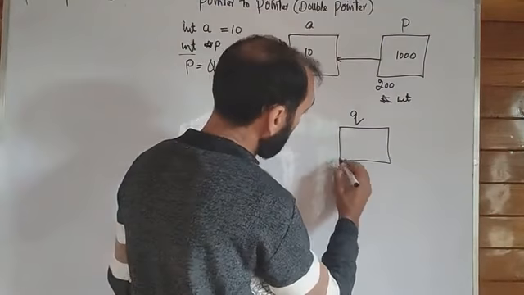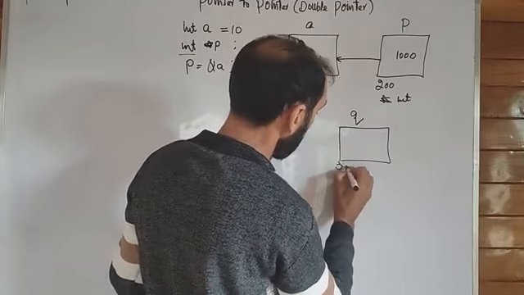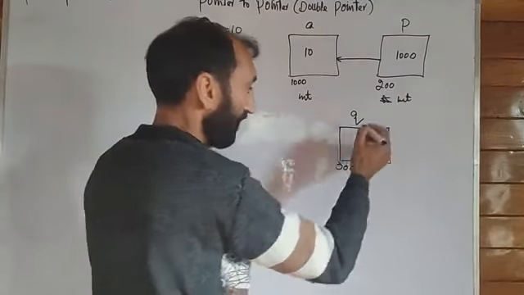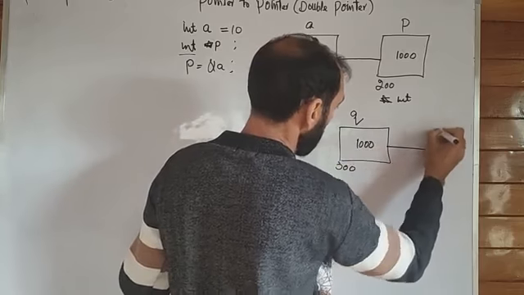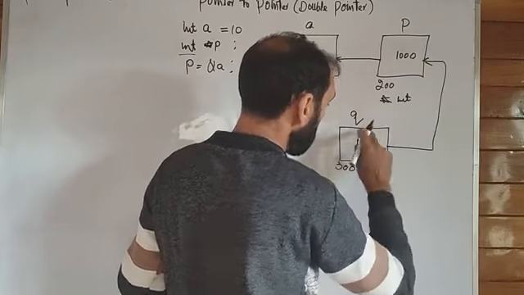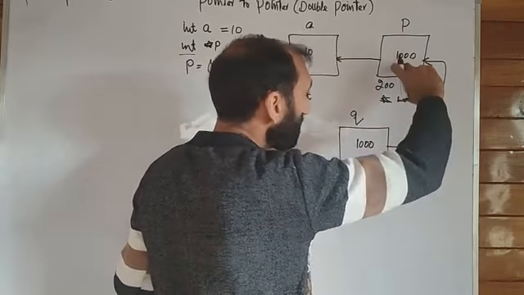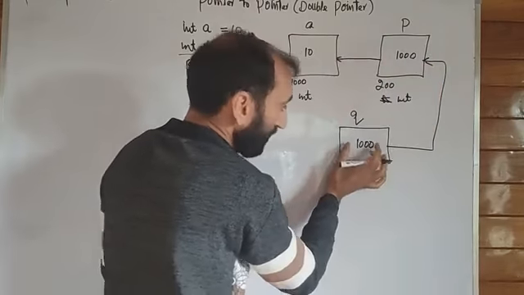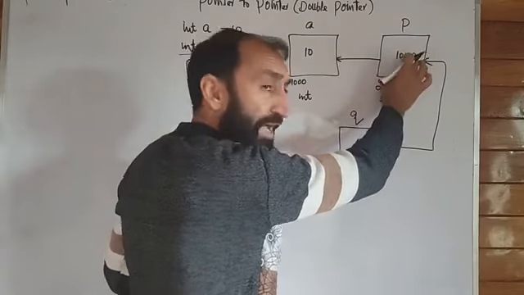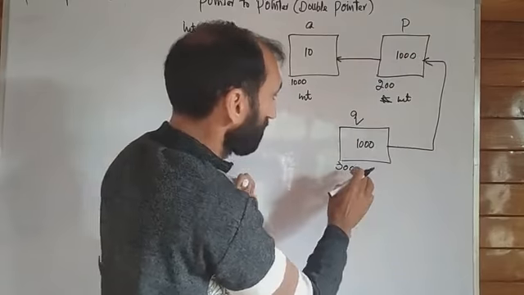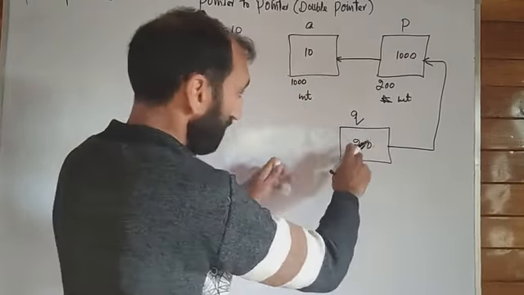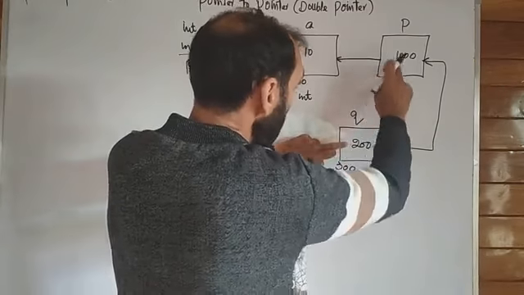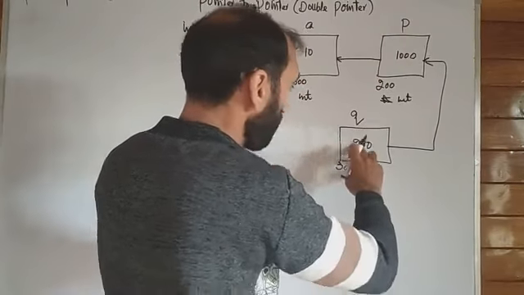For example, if this address is 300, then what gets stored is 200. That means q points to p. That means q stores the address of p. This means 200 is the address of p that is going to be stored in q.